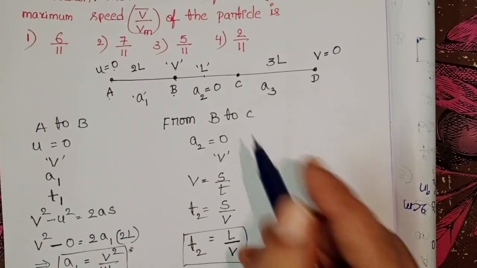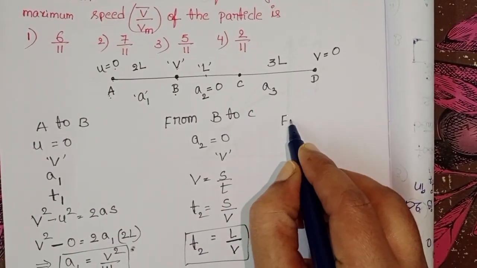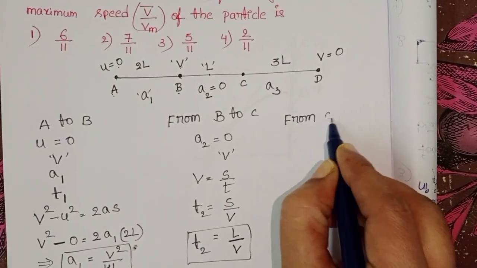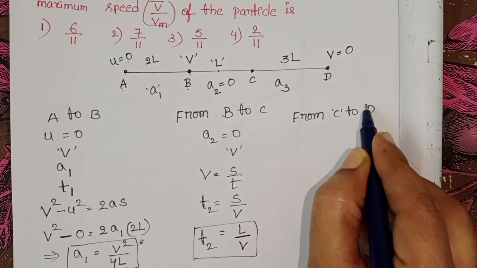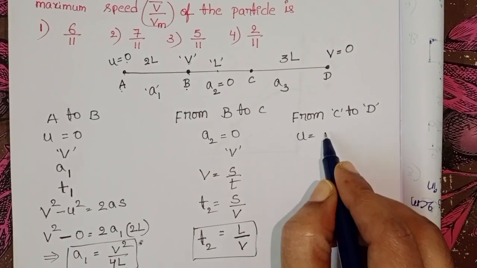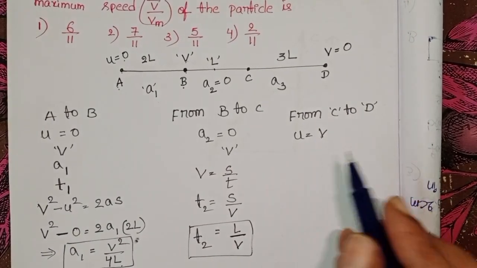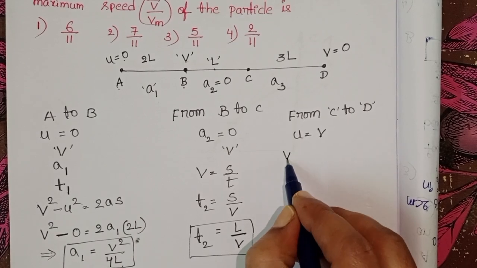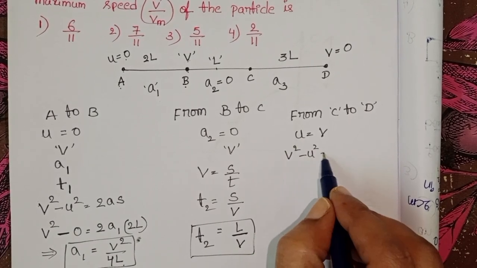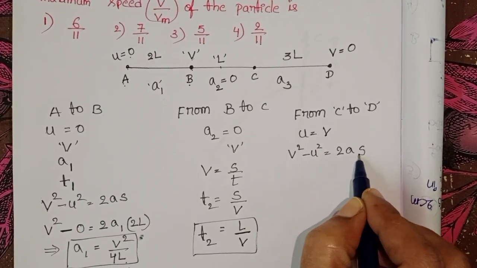And next from C to D. Initial velocity is equal to v. Find out the acceleration. Take again the equation v square minus u square is equal to 2as.